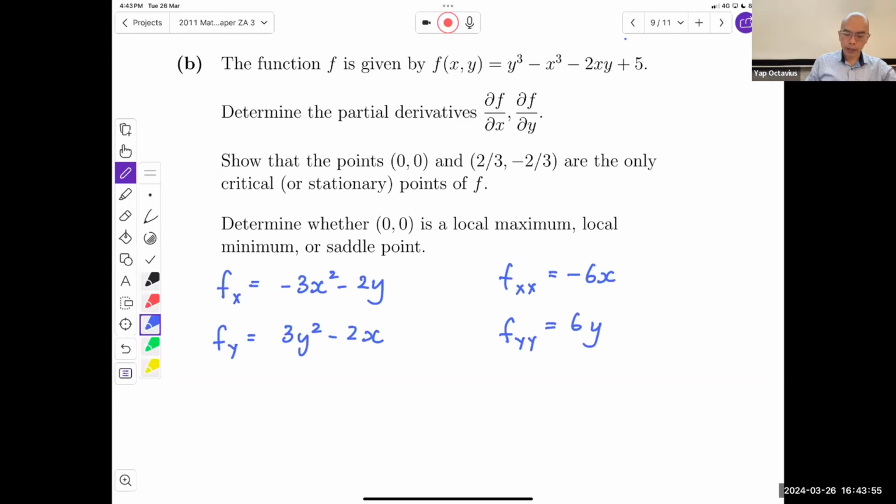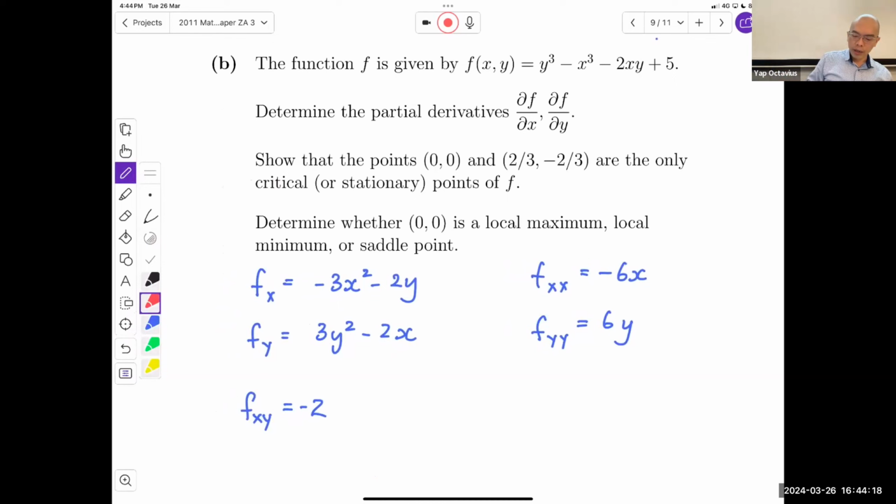Okay, then check. Now let's check the f, this one. So you take either one and differentiate. So you use the x one, you differentiate with respect to y. You should get -2. Then you don't need to do the other one, but you can actually check.